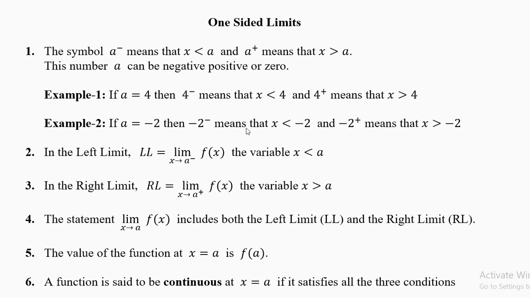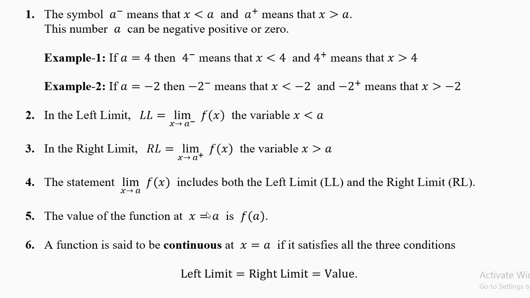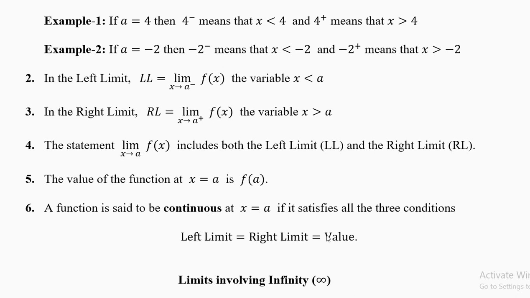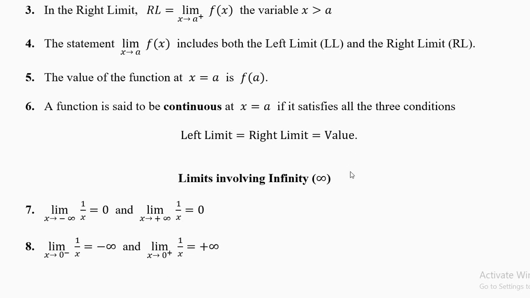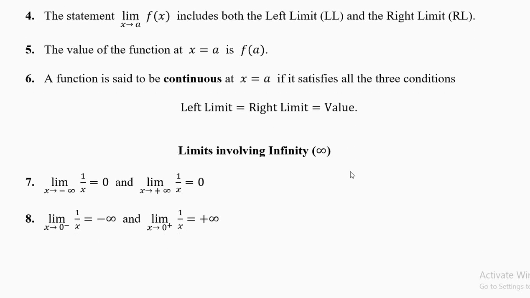That's why we introduce the notion of left limit, right limit and the notion of value here. If the left limit equals the right limit equals the value, then the function is said to be continuous. Otherwise, it is said to be not continuous, or discontinuous. So much for the limits involving numbers.